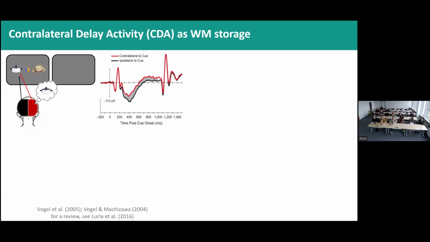Yes, Tim. Was in this memory array, were these objects always either already presented in this learning phase before, or would it also be that on the left side there was an old object and on the right side there was a new object? The irrelevant side was always new objects that were not studied before, if I remember correctly. The memorized sides were studied in the studied condition, and they were completely novel in the novel condition.